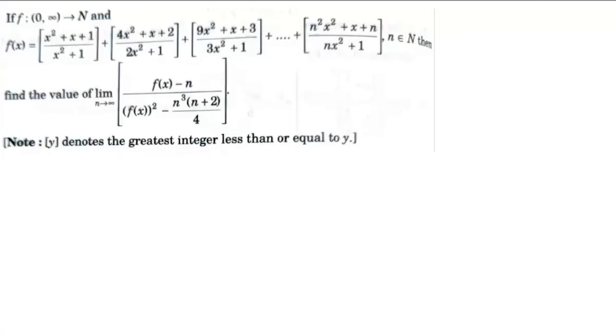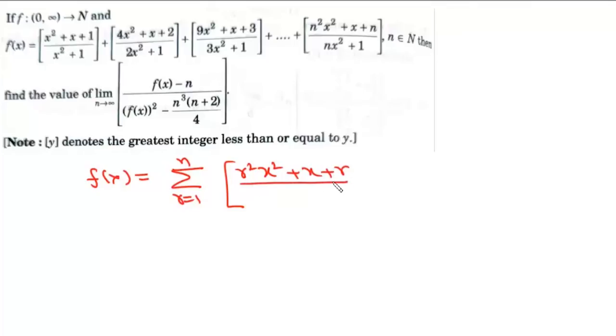Now here the question is, we are given this function f(x), which is the summation, r varies from 1 to n, of r square x square plus x plus r upon r x square plus 1, its greatest integer function.